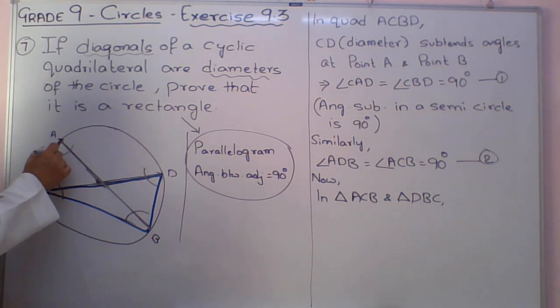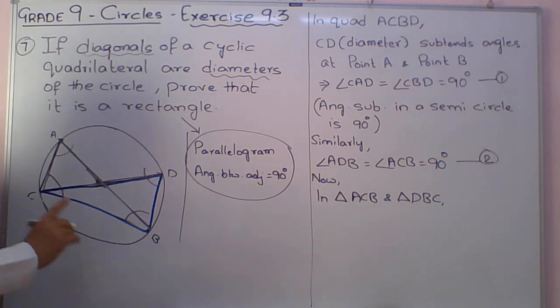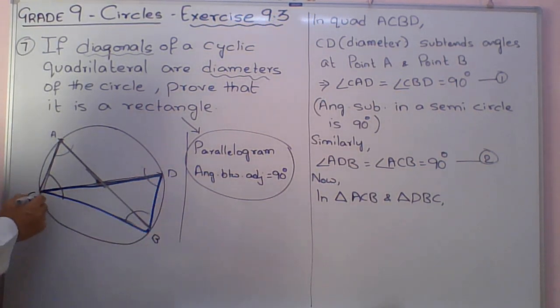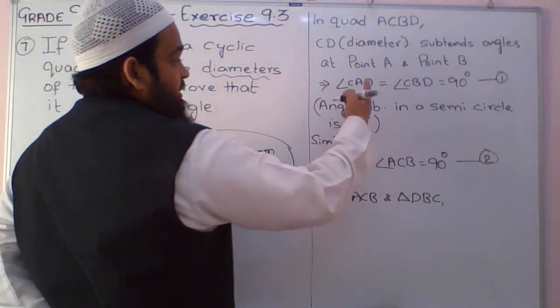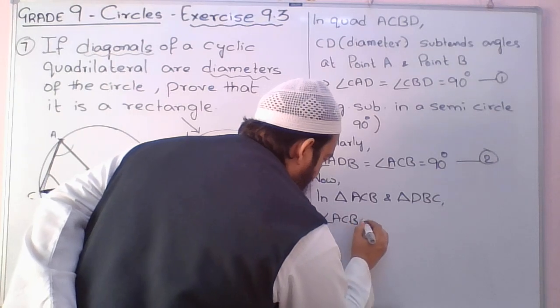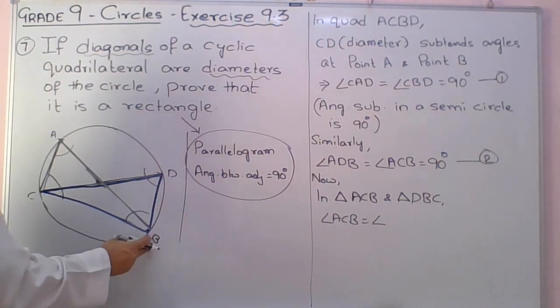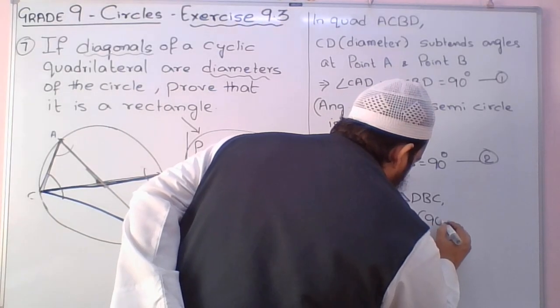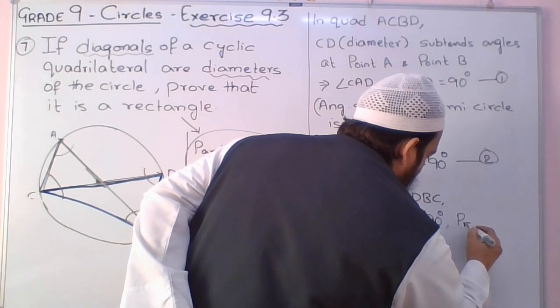What are the equal parts over here? Angle ACB and angle DBC are equal to 90 degrees, right? Just now we have proved that. They are equal, 90 degrees, which is already proved.